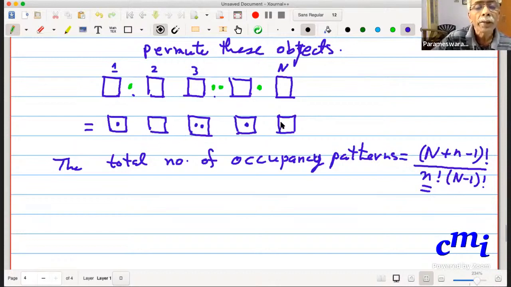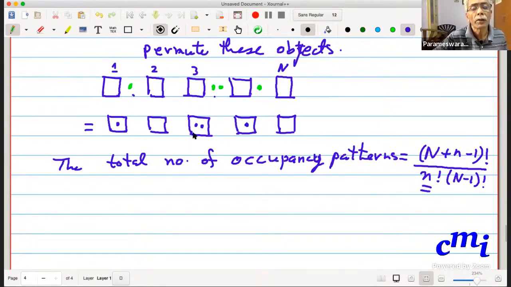The occupancy pattern remains the same if the boxes are permuted among themselves, but then n minus 1 boxes are there, so I just factor out that n minus 1 factorial, because that many permutations will not change any pattern.